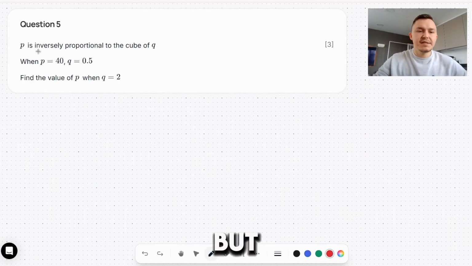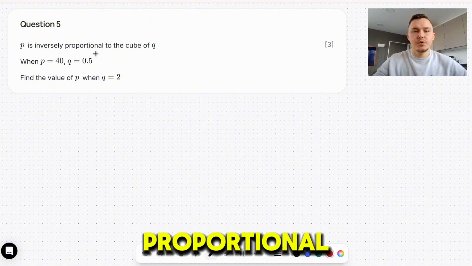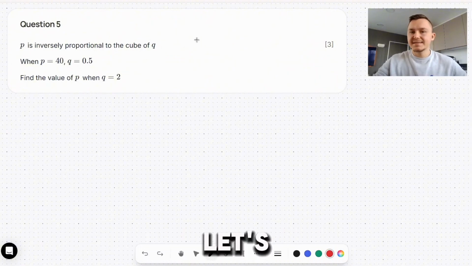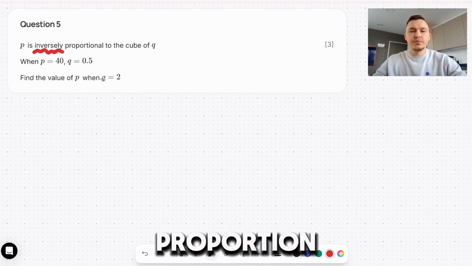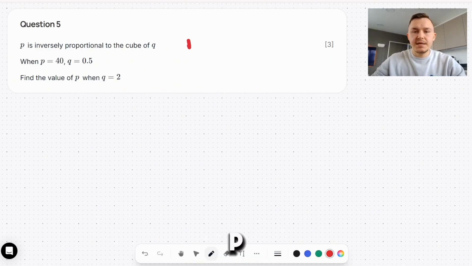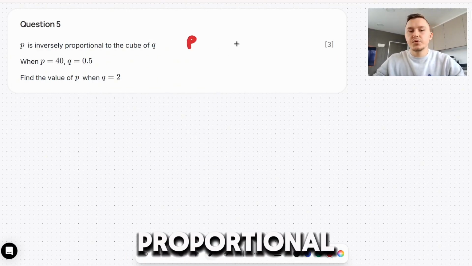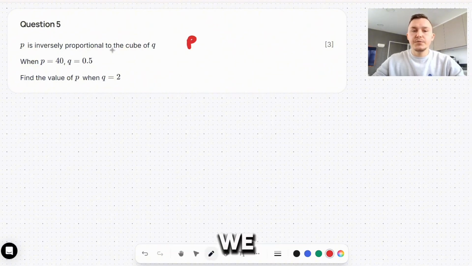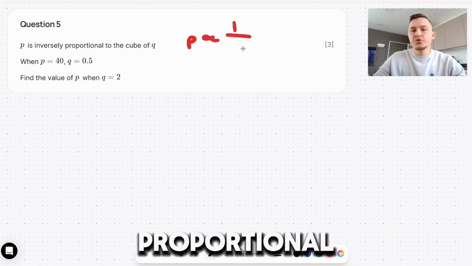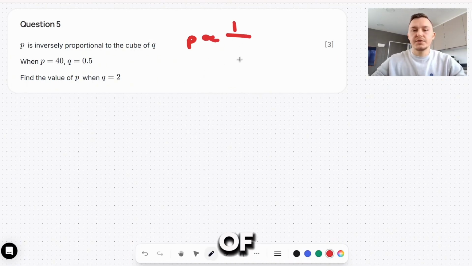Here's a similar one, but this time it says P is inversely proportional to the cube of Q. So let's deal with this in the same way, but let's remember that this one has inverse proportion involved. So we've got P is inversely proportional to the cube of Q. Whenever we see inversely proportional, we do the proportion sign and then 1 over. So P is inversely proportional to the cube of Q, so Q cubed.